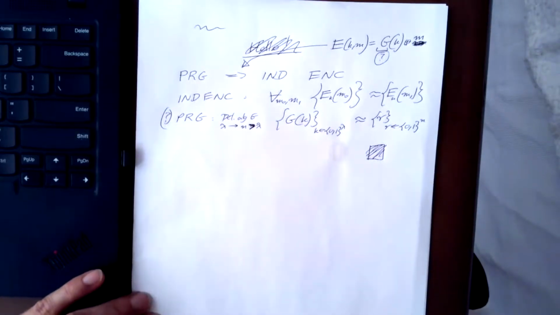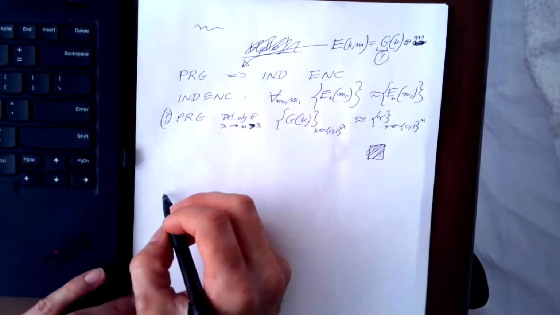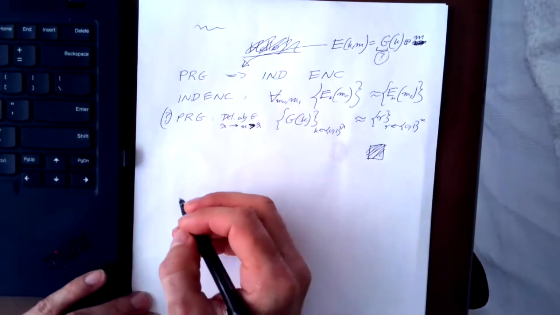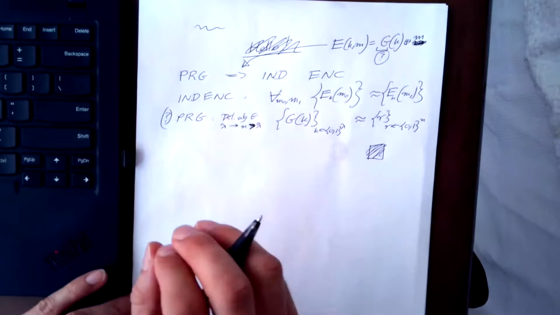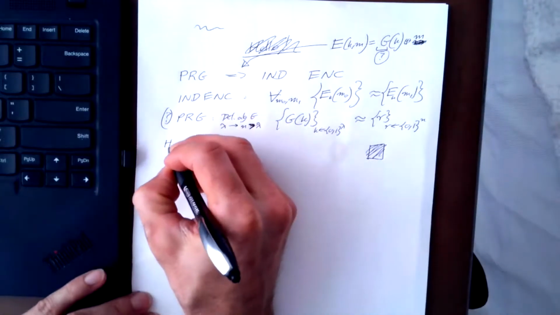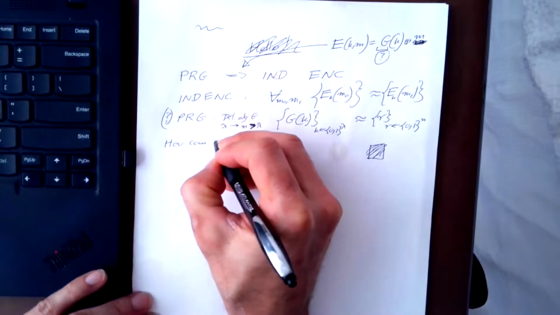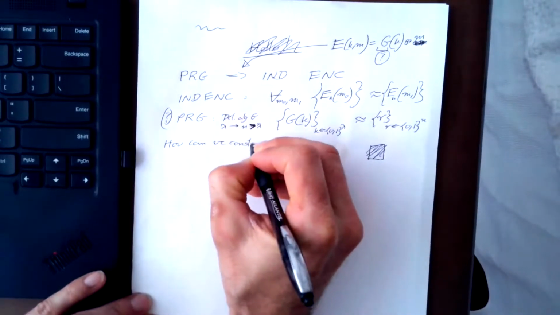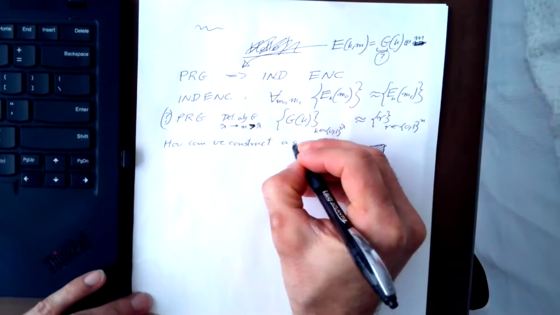So let's do it in a few steps. How can we construct a secure PRG?